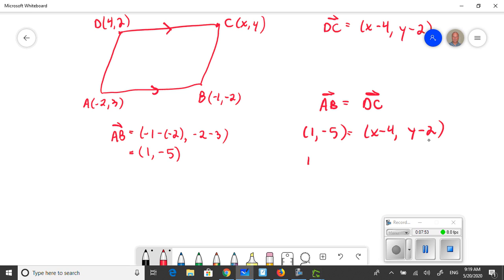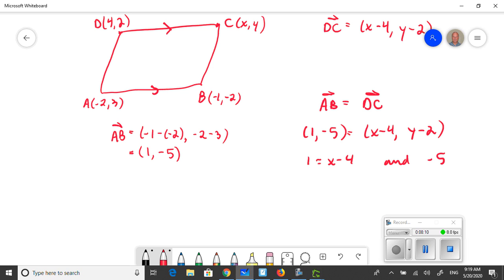That allows us to solve real quickly 2 systems. I can equate my components. Okay, so 1 is the X component of the vector AB. I'm going to let that equal to the X component, which is X minus 4 of the vector DC, and that's this expression right here.